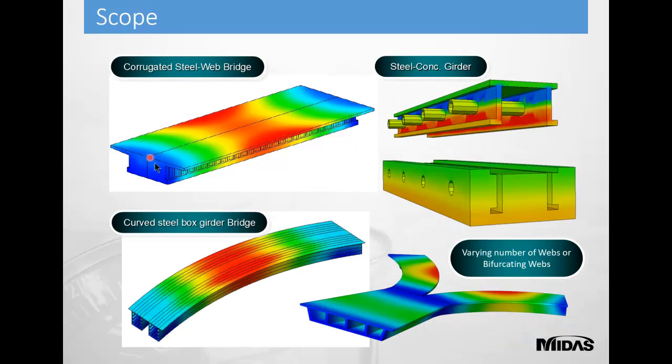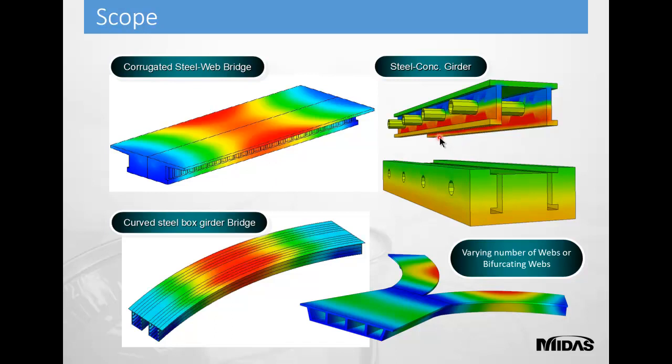Next, you can see a steel corrugated web bridge. It can be modeled in MIDAS Civil also, but we cannot get the stresses in the corrugation, and it is not as detailed in Civil as compared to FEA. So a more detailed model gives more detailed results. Next is a steel concrete girder connection.